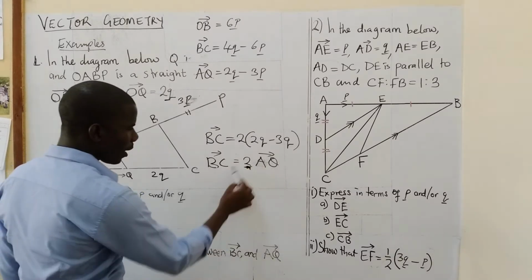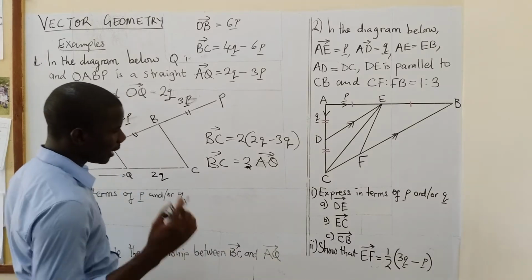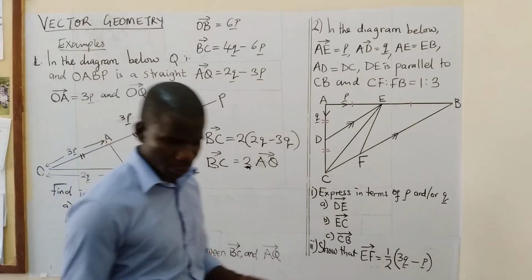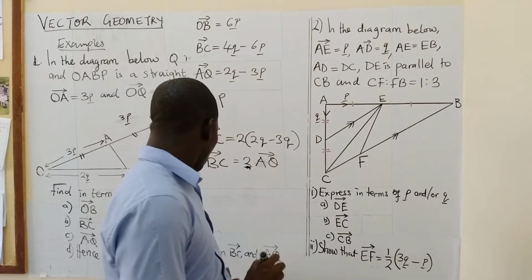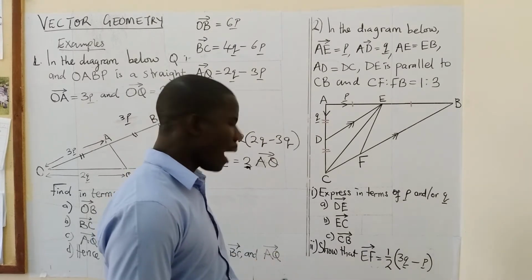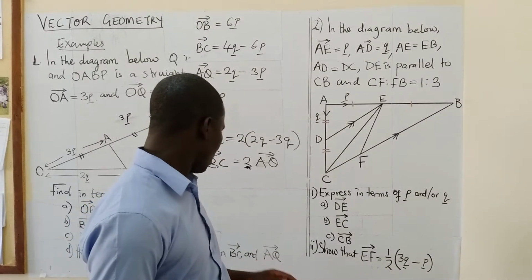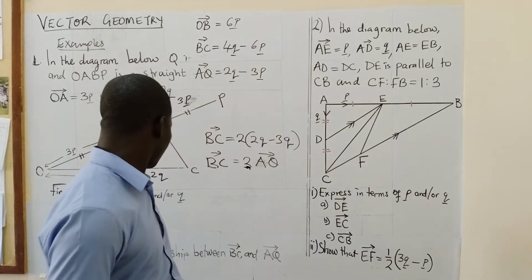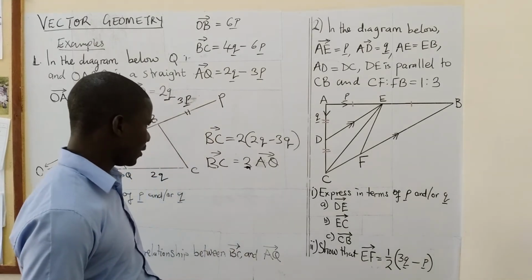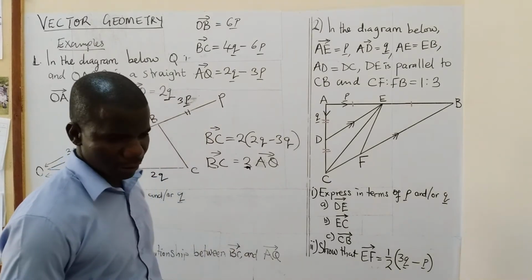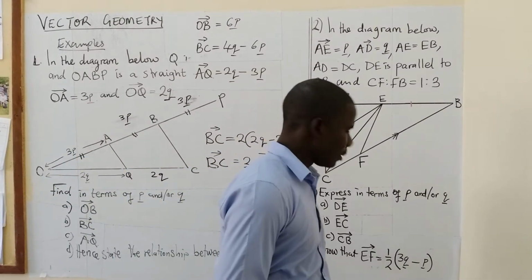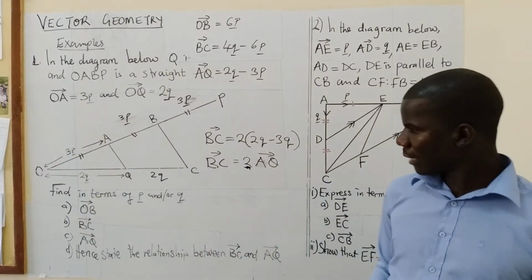So from this one, we can deduce that the two are parallel. Hence, that is the relationship here. Alright? So that takes us to that.